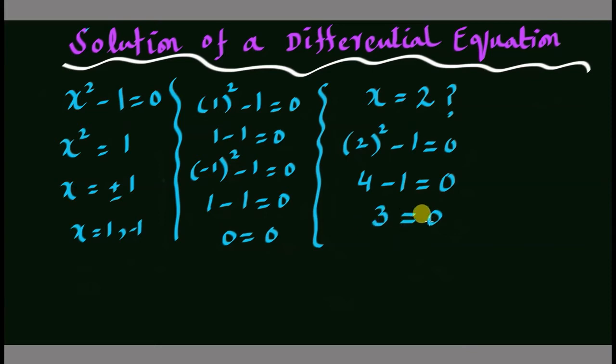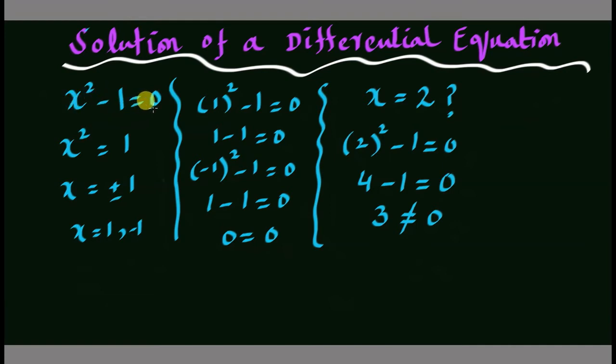Why? Because 3 is equal to 0, which is not possible. So when we substitute x is equal to 2, it does not satisfy the given quadratic equation.